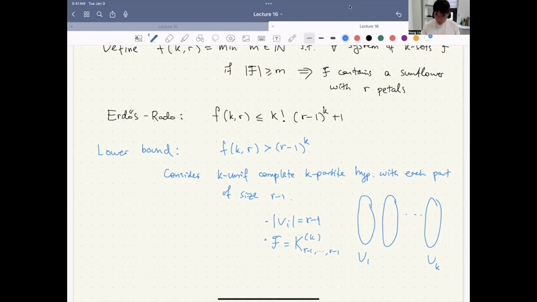If you don't know hypergraphs, this is just all the sets such that the intersection of F with Vi has size 1 for all i in k. You take any k-tuple. This is a hyperedge, a set in our system.